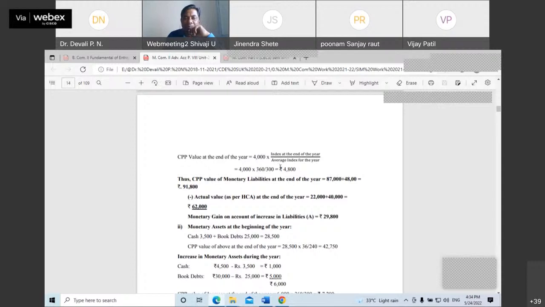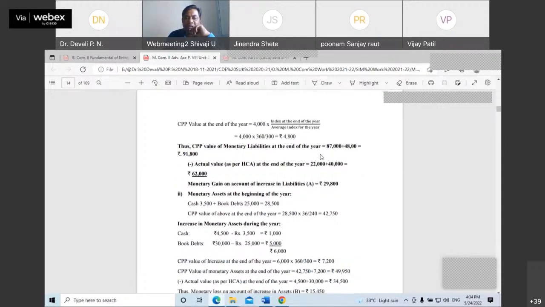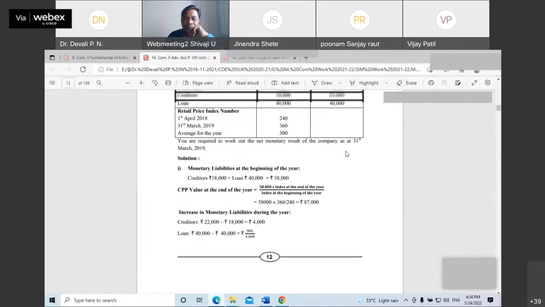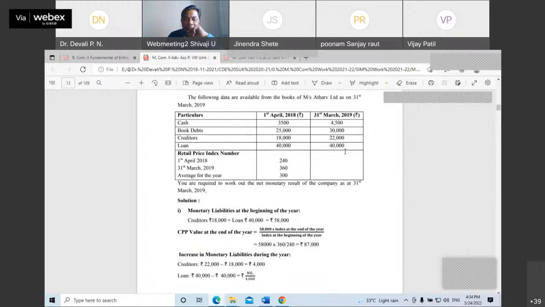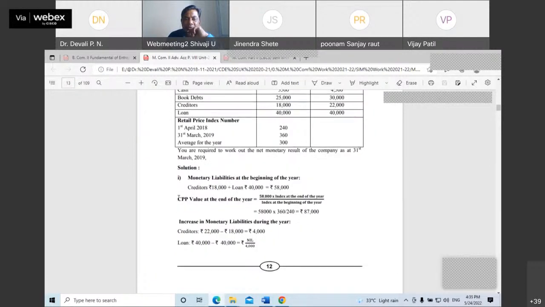Now what's happened? The CPP value of monetary liability at the end of the year is 87,000 plus 4,800. From where we brought the 87,000? That is also very important. This is the calculation that we have made, and this calculation is indicating 87,000 rupees.